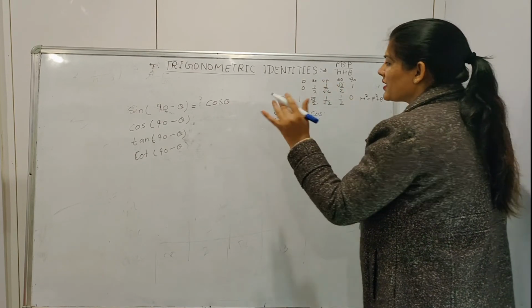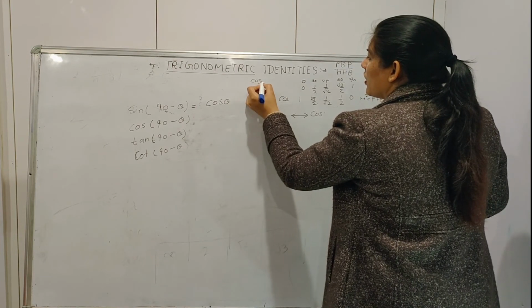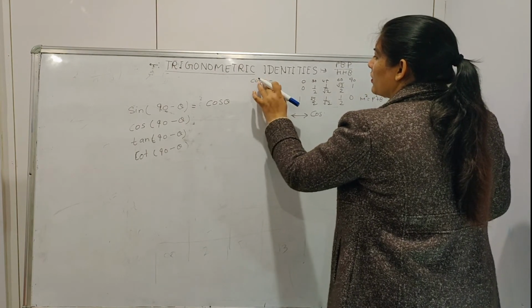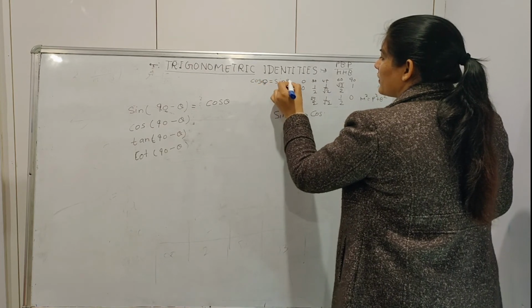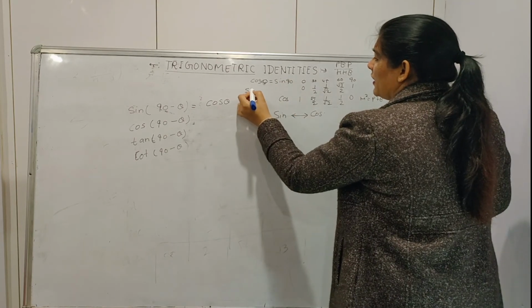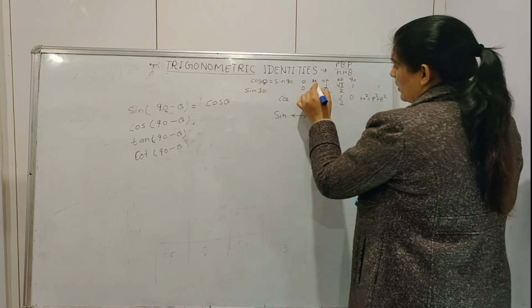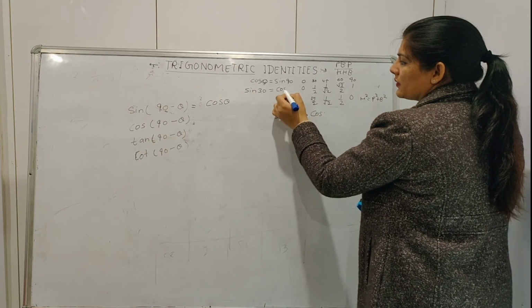So you can see here cos 0 is equal to sine 90, or sine 30 is equal to cos 60.